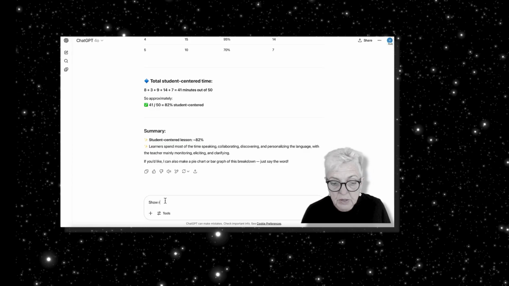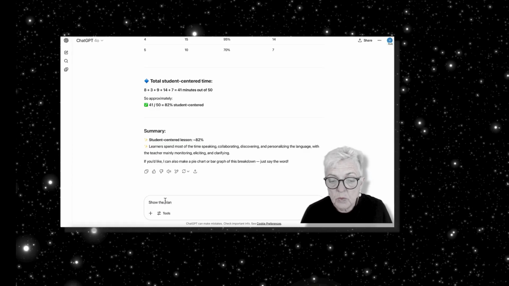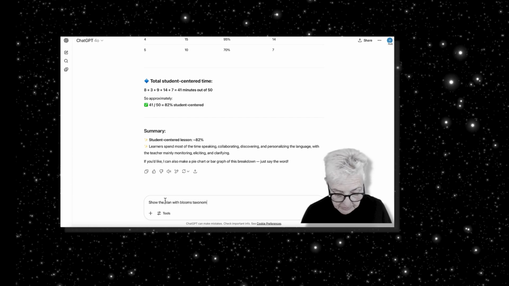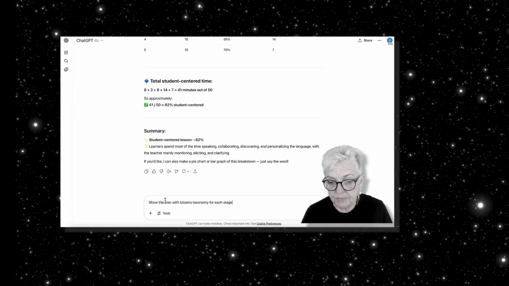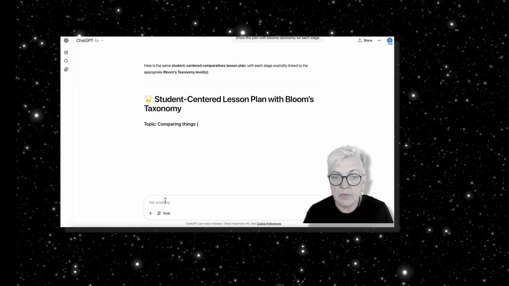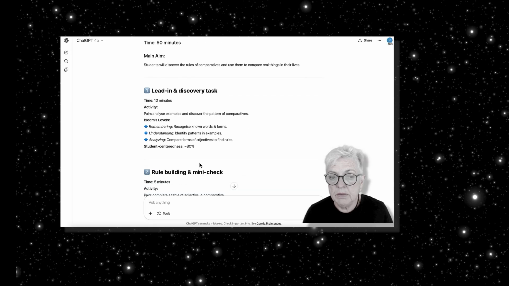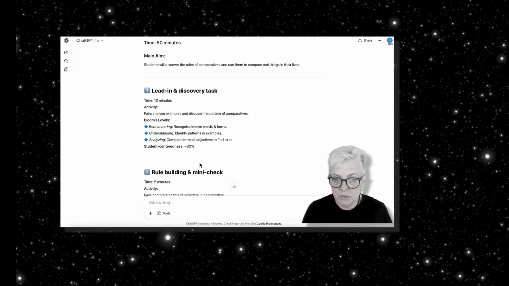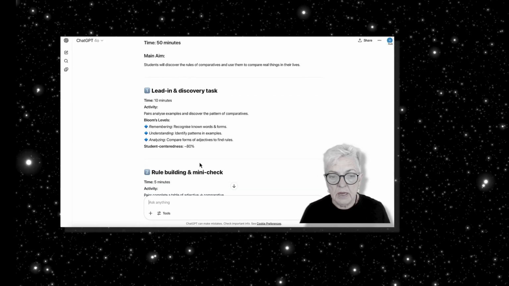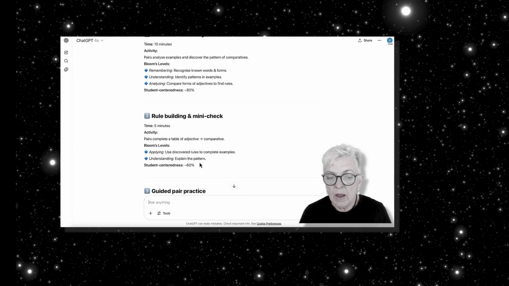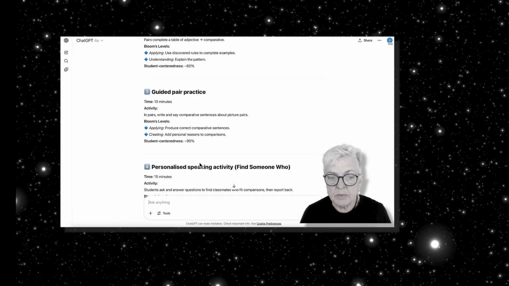Okay, show the plan with Bloom's taxonomy for each stage. Bloom's levels, so it tells us what part of the taxonomy we're using: remembering, understanding, applying and understanding.